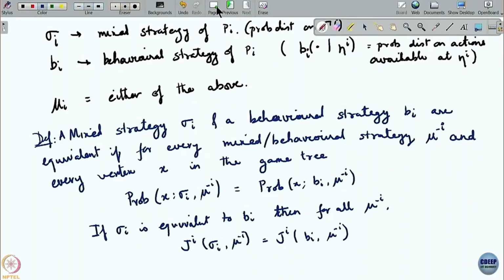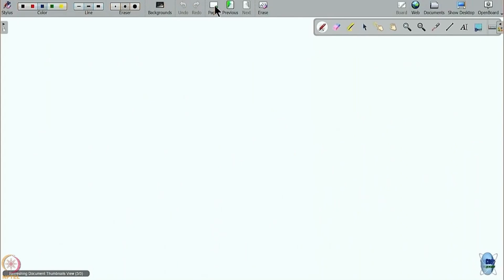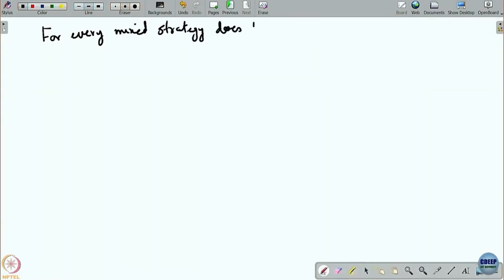Okay. So, with this notion of equivalence now defined, we now have the basic question. This is a very strong notion, but does this even hold? So, this brings us to the question: for every mixed strategy sigma I, does there exist an equivalent behavioral strategy BI, equivalent in the sense defined above?